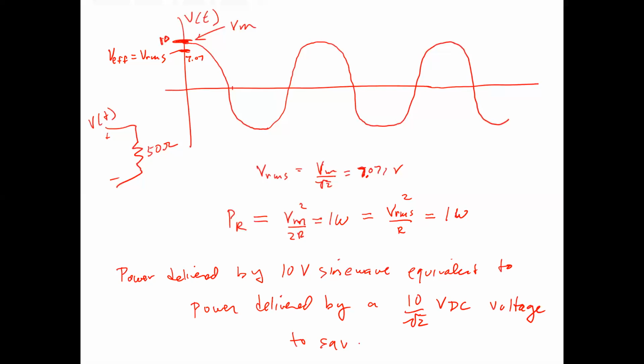That's why we like the RMS value. It's a nice, convenient way because it gives you the equivalent DC voltage that you would need to get the same power from a sine wave.